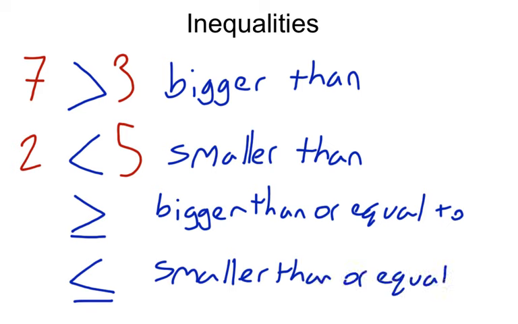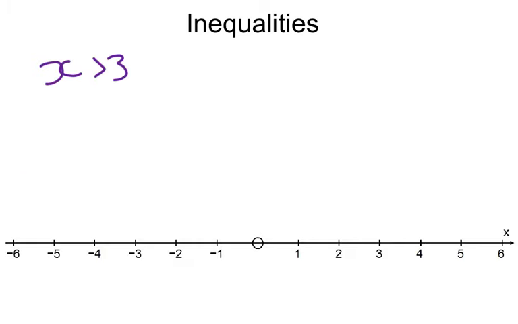Now, when we're comparing numbers, it doesn't make sense to be talking about bigger than or equal to, but we'll see later on in this video that when we apply it to algebra, it makes more sense and gives us an extra option. So let's have a look at some examples with some algebra in.